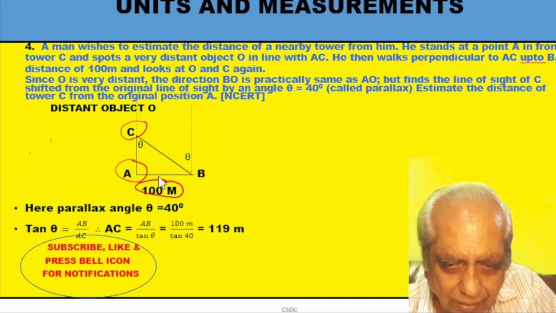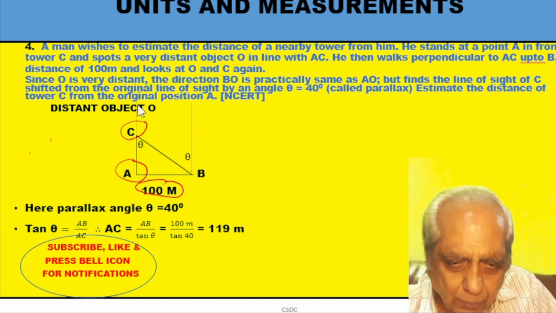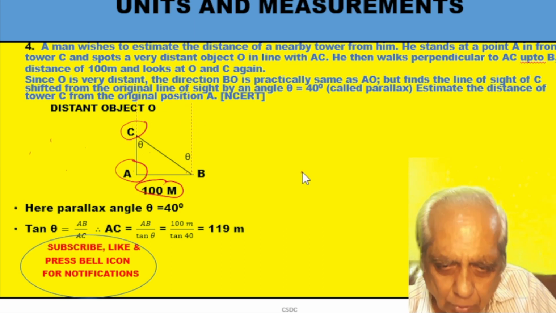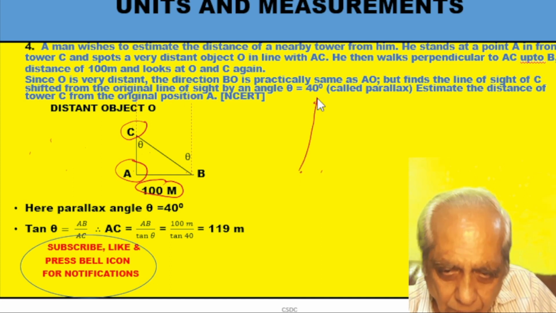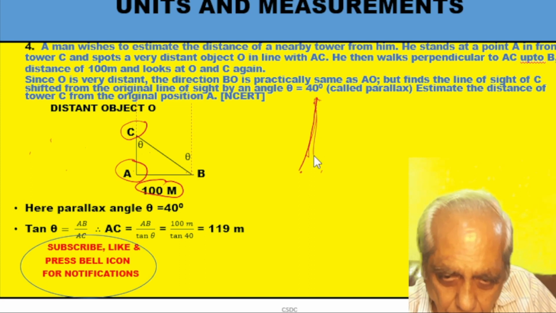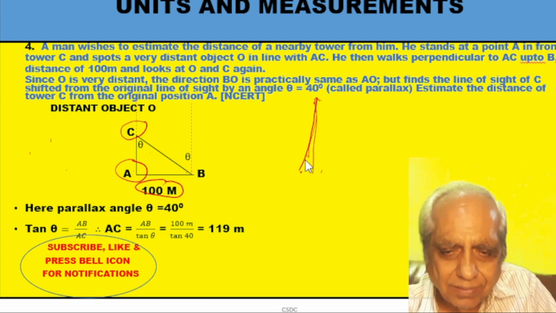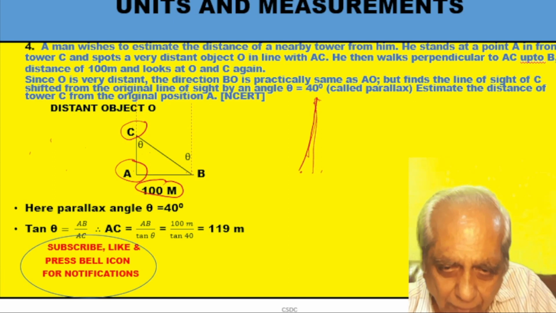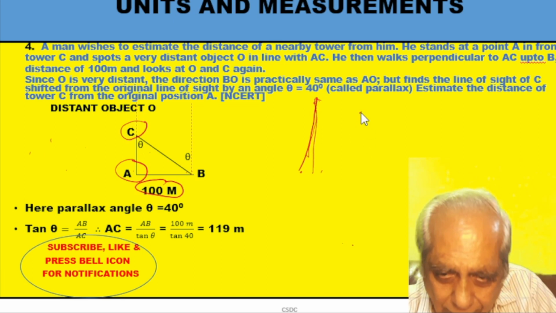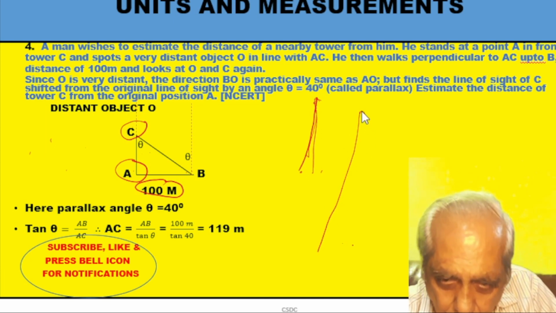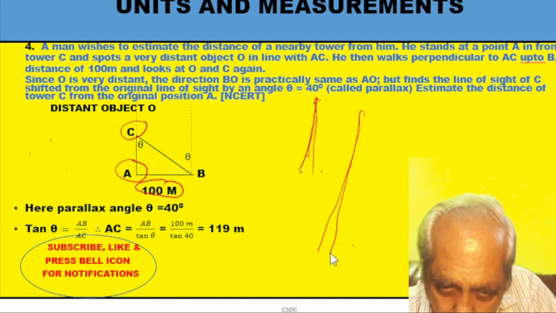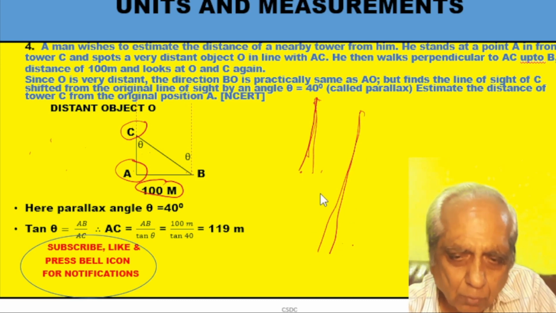Now when he is looking from A to O and from B to O, because O is very far away, like suppose there are 2 points at a short distance and a very far away point, then this line and this line are almost the same line.